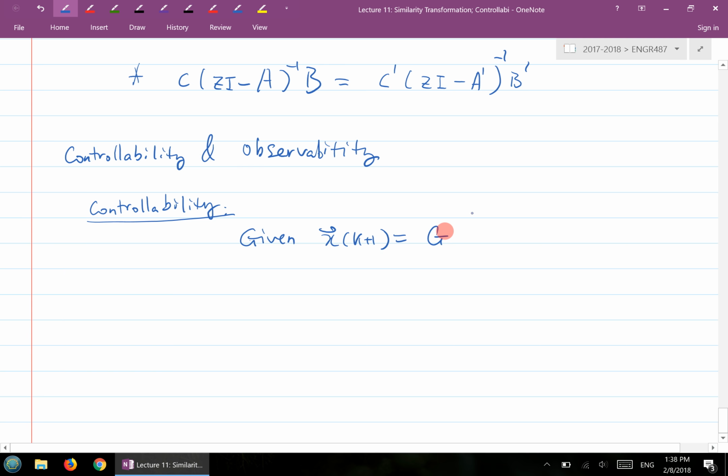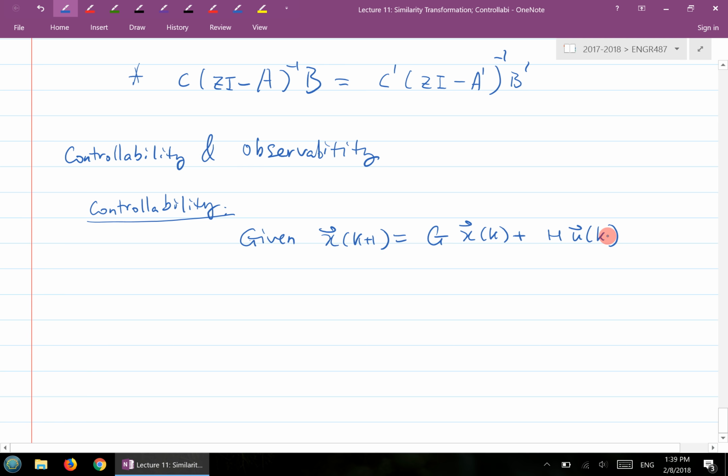Instead of using A, I'll use a G now. And there's a slight modification in the lecture notes too. I should have been consistent, but I was lazy. Anyway, it's a symbol, so don't worry if you see a difference.